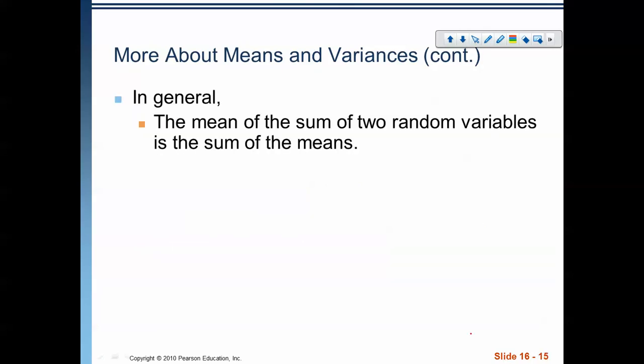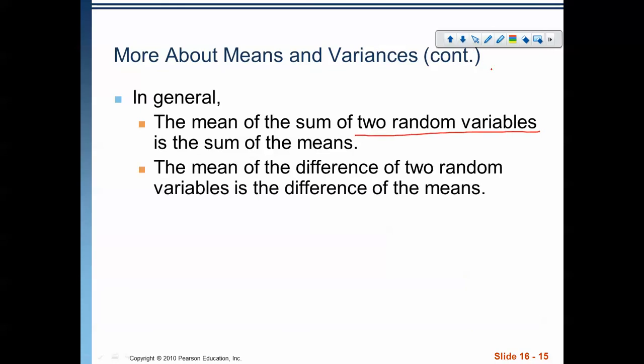Last rule: in general, the mean of the sum of two random variables is the sum of the means. The mean of the difference of two random variables is the difference of the means.